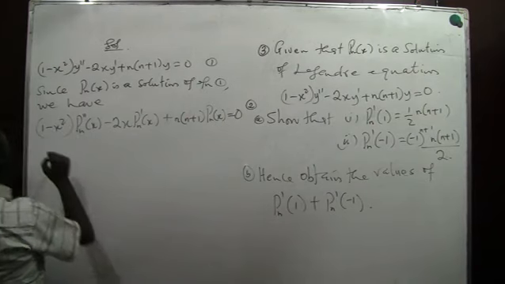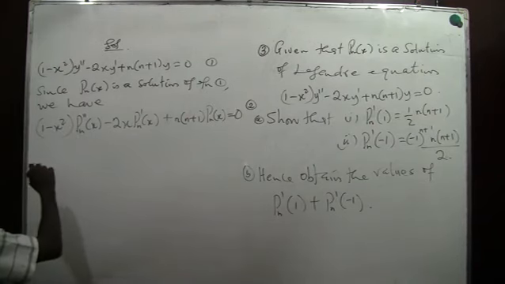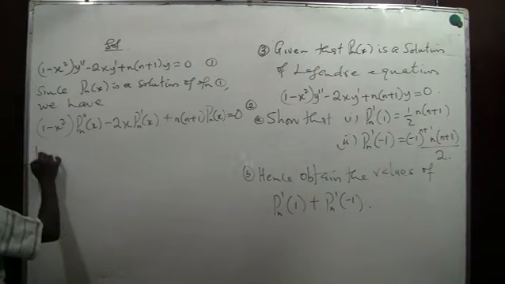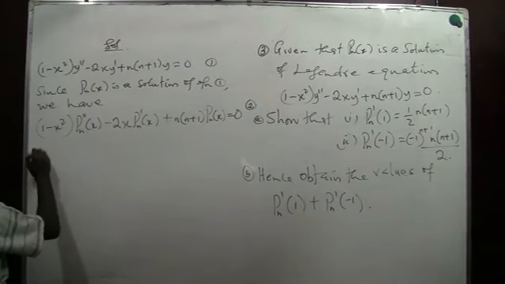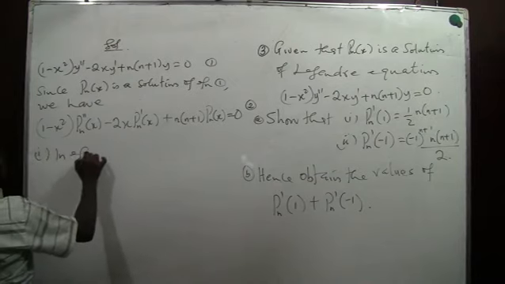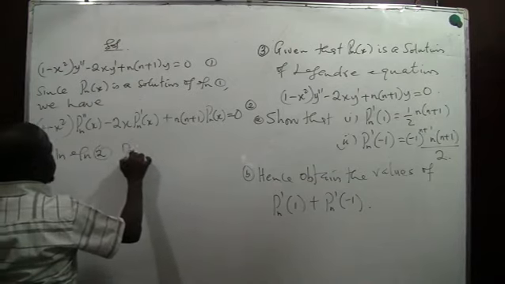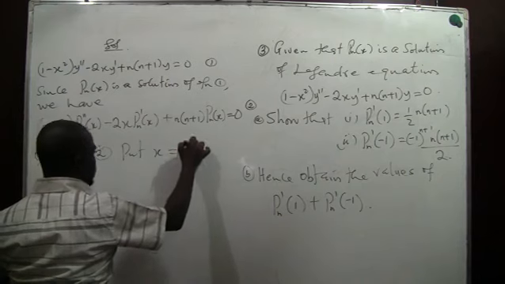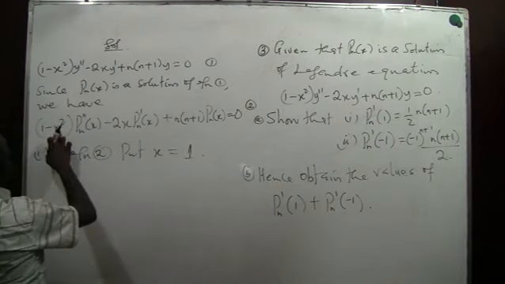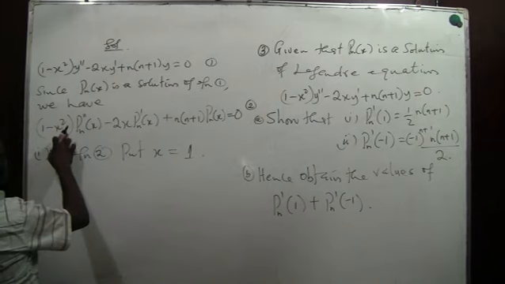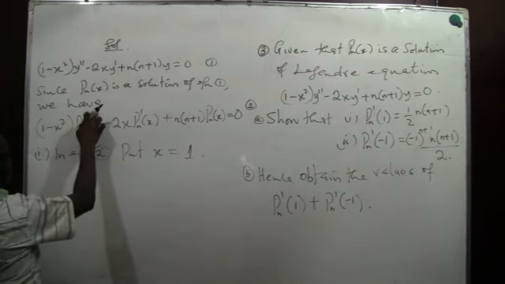Now, let's start with the first problem, number 1. In equation 2, put x = 1. If I substitute x = 1 at this point, the first term becomes 0, so the second derivative cancels out.